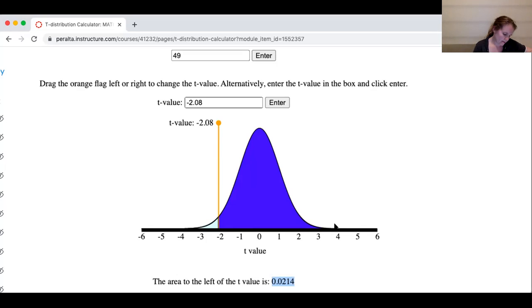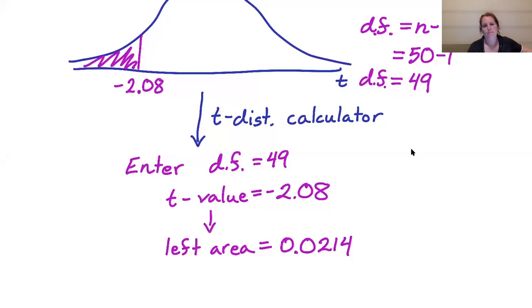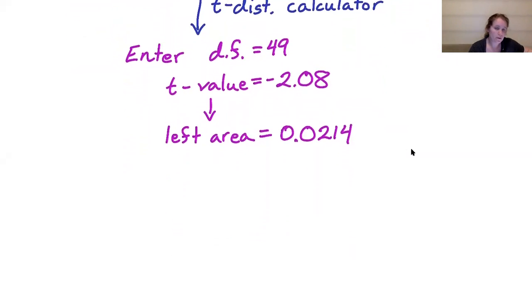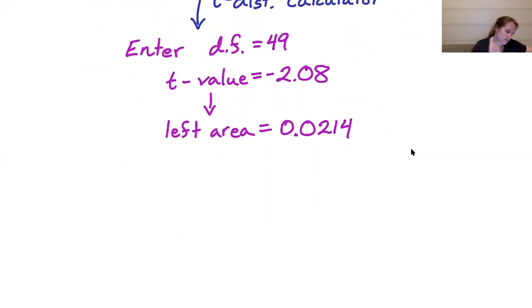And then that gave us a left area of 0.0214. So since this is what we were looking for, this is our p-value.